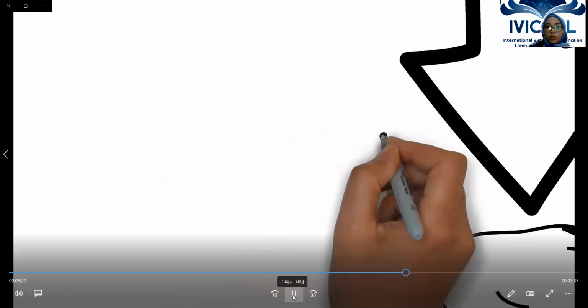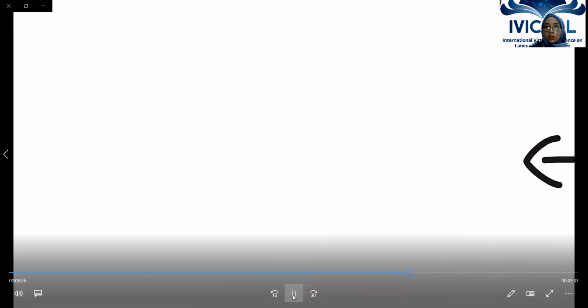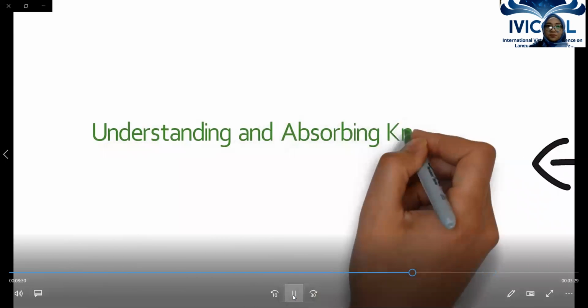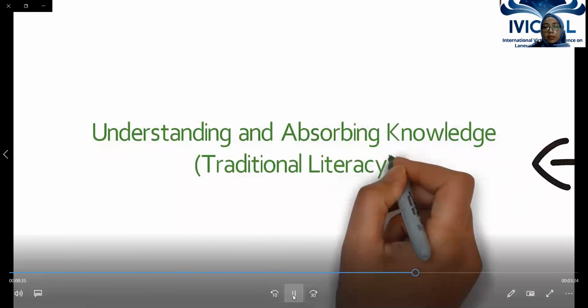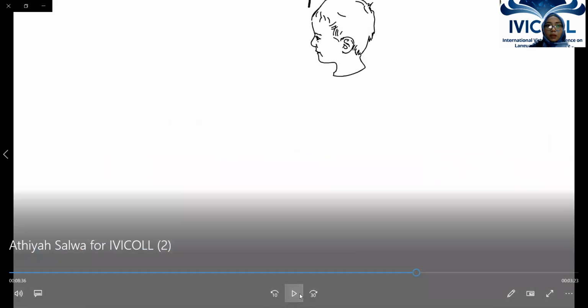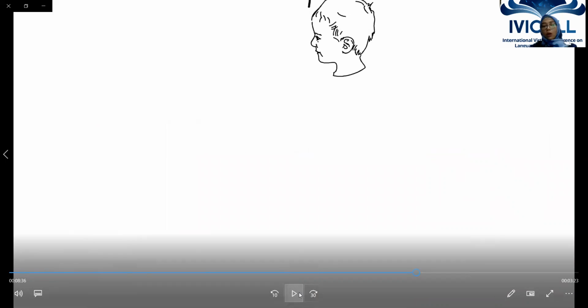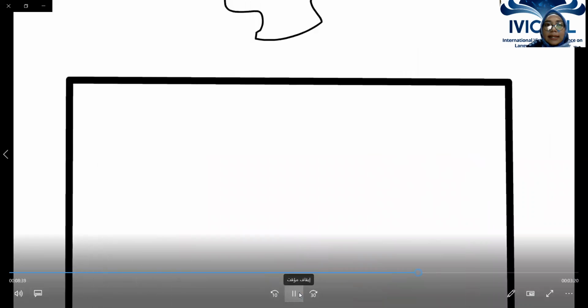Also, in the process of absorbing and understanding knowledge, you can see here traditional literacy. It tries to achieve that they can read and understand a text, and also produce it into a note or writing ability.